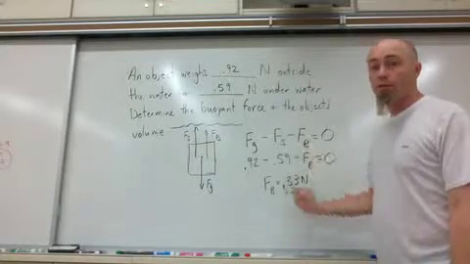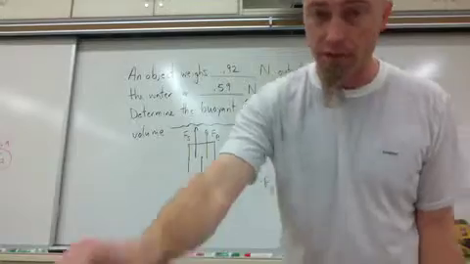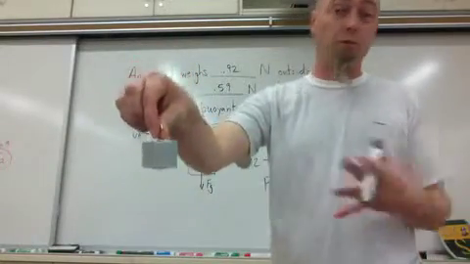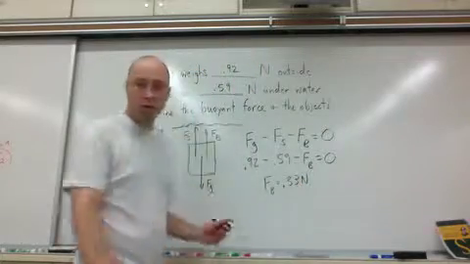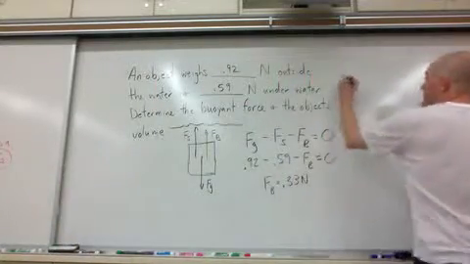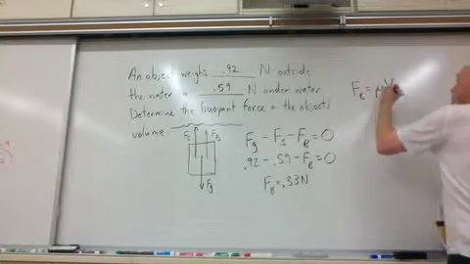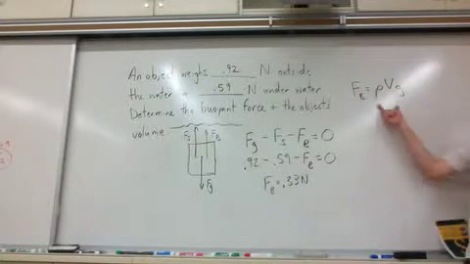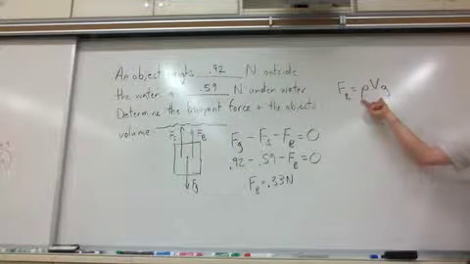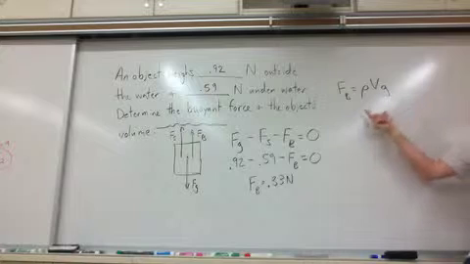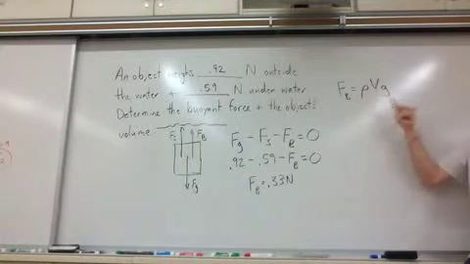If I wanted to figure out the volume of this thing, because its volume equals the volume it displaces, the buoyant force equals rho Vg. I like to write it like this because rho times V is mass, so really it's the mass of the water displaced times gravity. That's the weight of the water.